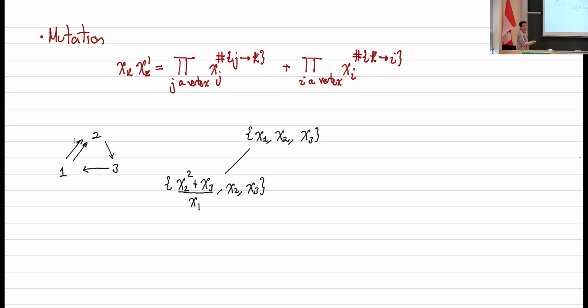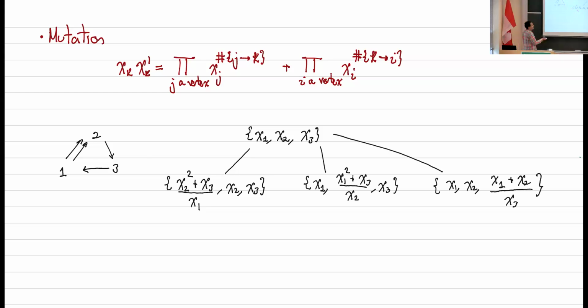I have 2 arrows that go to 2, so that's why I have here an x2 squared. I have 1 arrow coming into 1, and it comes from 3, plus x3, divided by x1. This is going to be the new cluster variable. And you can mutate in every possible direction. Here I mutate at 2, and here I mutate at 3.